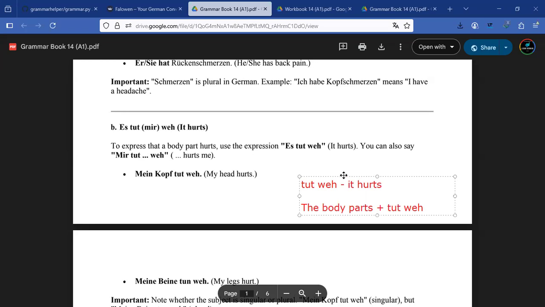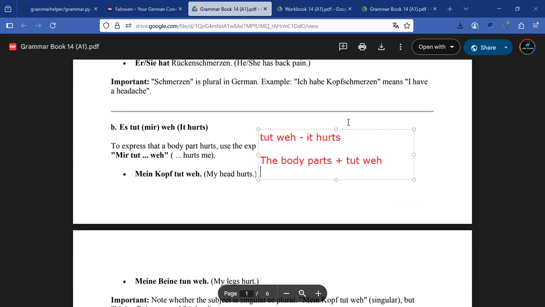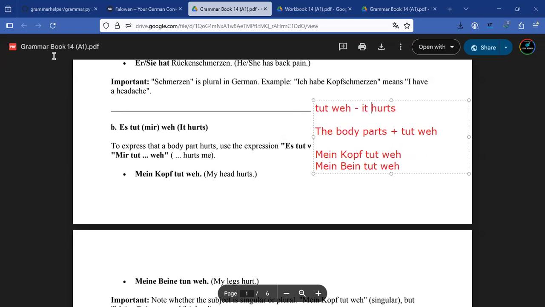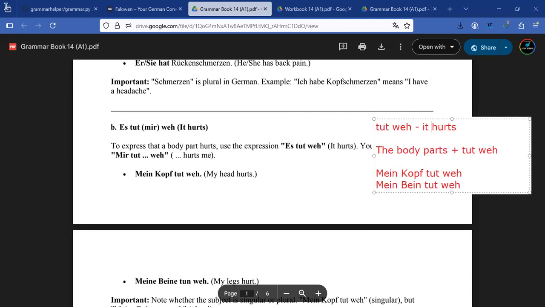So if your head is paining you, it's going to be mein Kopf tut weh. That implies that my head is aching me. And if it's your leg, you are going to say mein Bein tut weh, right? And that implies that my leg is paining me. Okay.